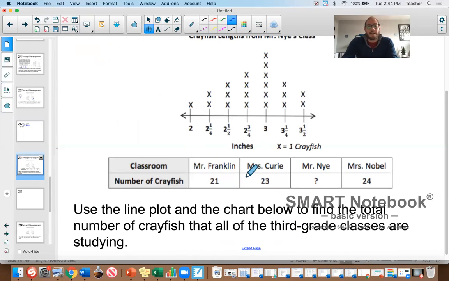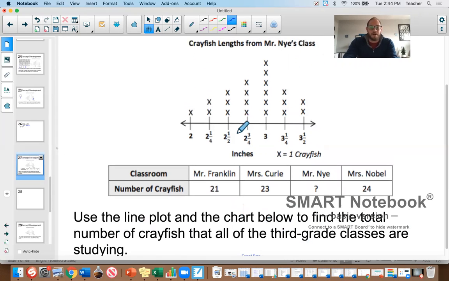This question says, use the line plot and the chart below, that's this chart, to find the total number of crayfish that all the 3rd grade classes are studying. We know that this is Mr. Nye's class's chart up here. And we know Mr. Franklin had 21 crayfish, Mrs. Curie had 23, Mrs. Nobel had 24, but we need to find out how many crayfish are in Mr. Nye's class.